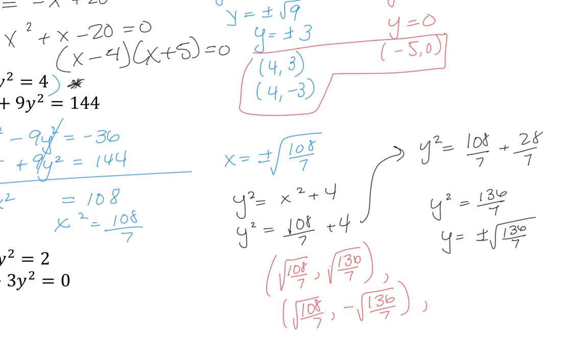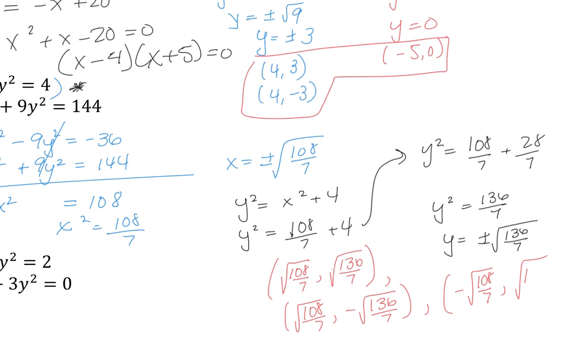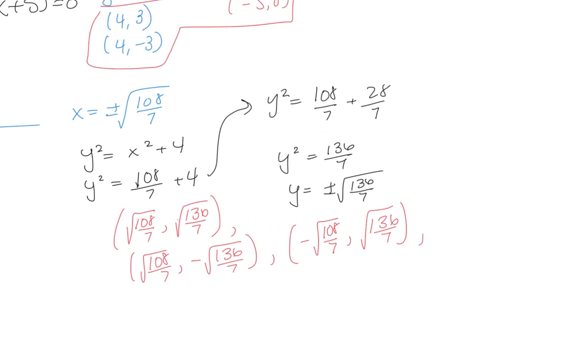And then the negative square root of 108 over 7 with the positive square root of 136 over 7. And my last one, which is the negative square root of 108 over 7, and now the negative square root of 136 over 7.